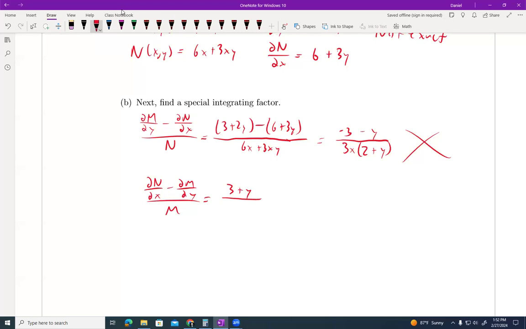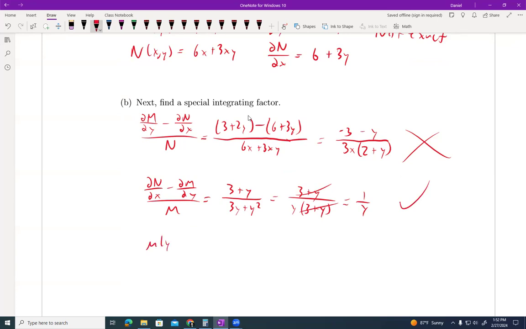Our M is supposed to be 3y plus y squared. Okay, so I can factor that a little bit. Pull out a y downstairs, and now I have a 3 plus y. So now I have a common factor with the numerator and denominator, so that's going to cancel off. I'm just going to be left with 1 over y. So then I do have a special integrating factor because this is purely a function of y.